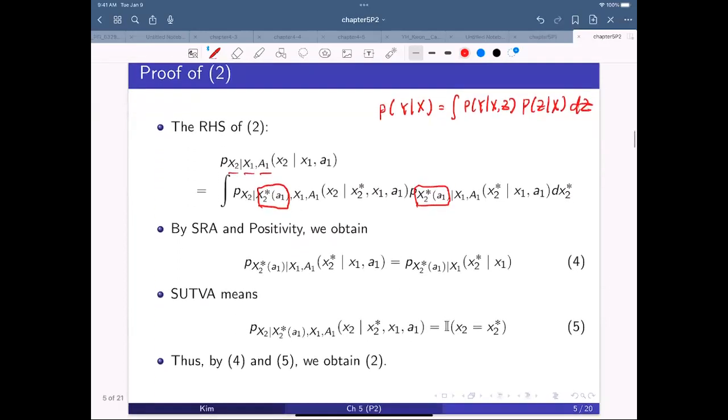Now, the sequential randomness assumption is the sequentially ignorable assumption.